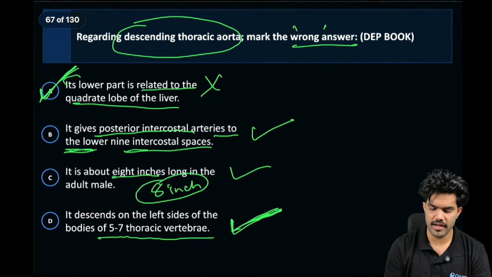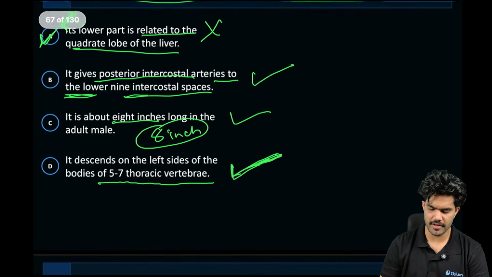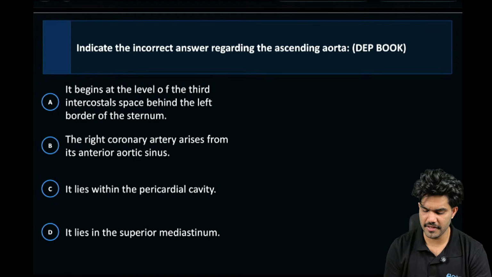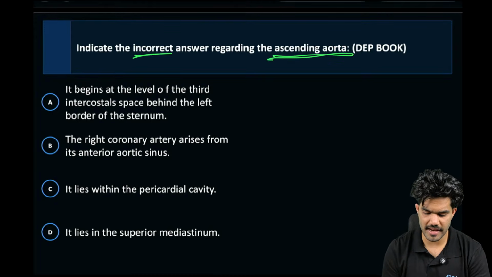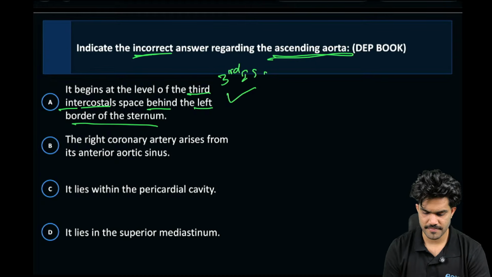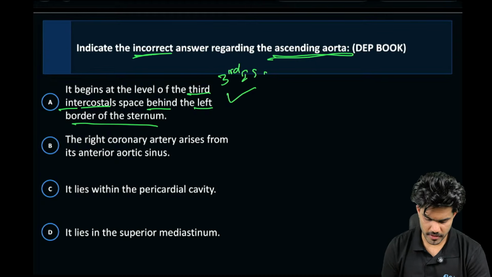Descending thoracic aorta relation. Now, indicate the incorrect option of ascending aorta. It begins at the level of third intercostal space behind the left border of the sternum. Yes, third. Okay.